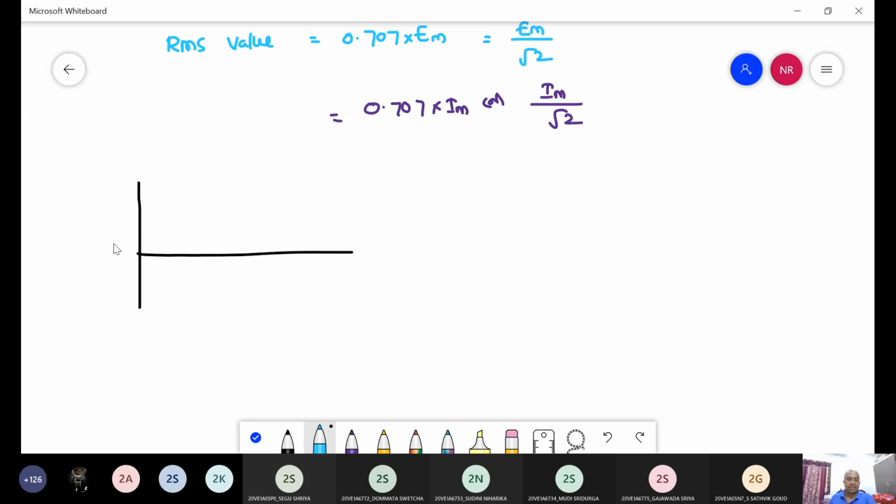So here I am taking two alternating quantities. Alternating means which alternates between the positive cycle and negative cycle. What does it mean by cycle? One crest and one trough, sir.